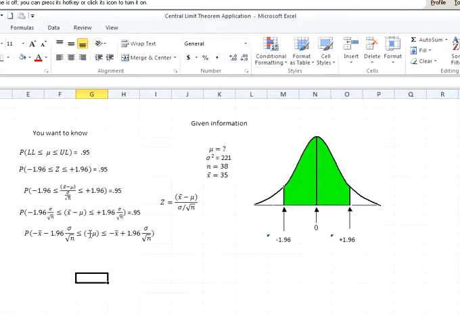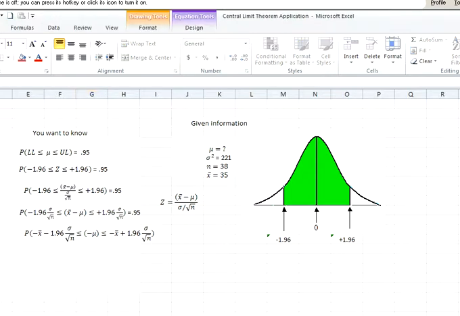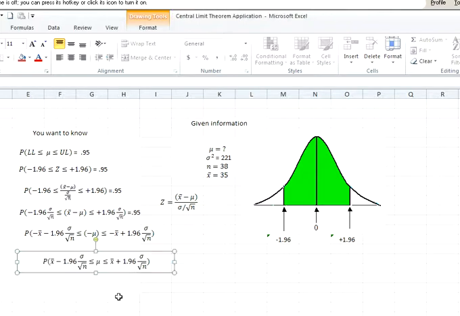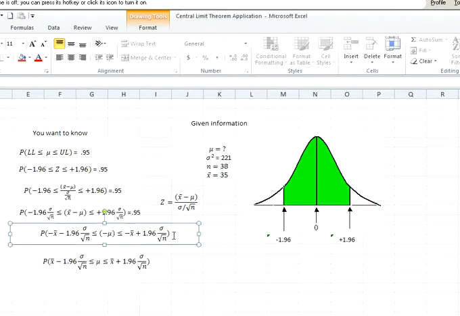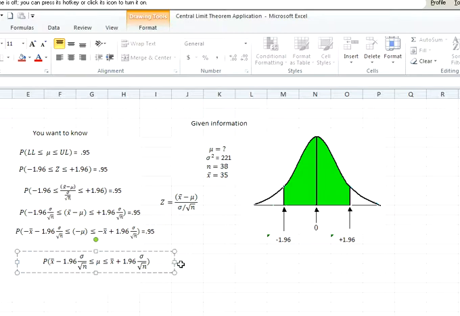What we are going to do, we're going to multiply by negative 1 throughout this inequality. So we are going to have this inequality. So now we can see, now we got whatever we were looking for. We have this inequality set up, and we agree that this is equal to 0.95, and that is also equal to 0.95.